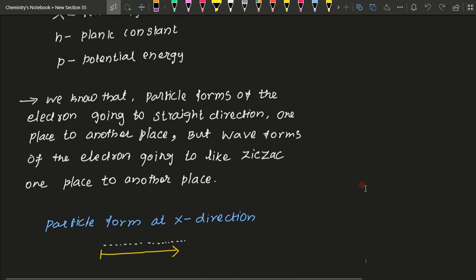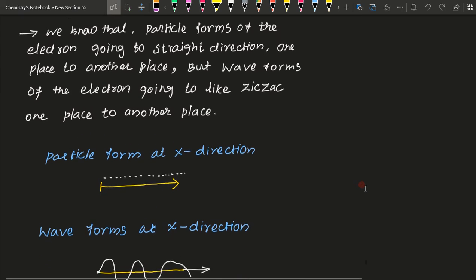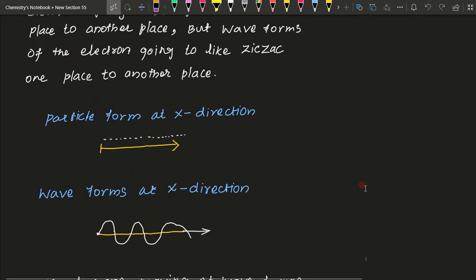See here below. This is the particle form of the electron, for example in copper wire or silver, like this.